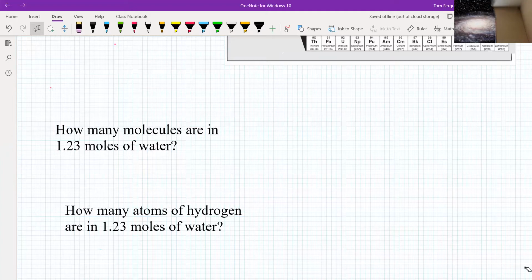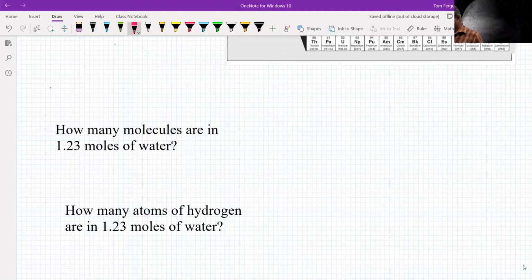When you're thinking of how many, I want you to think of Avogadro's number, the 6.02 times 10 to the 23rd. It's just like a dozen. There's always 12 in a dozen, no matter what it is, whether it's eggs or chickens or ducks or students. Avogadro's number is the same way. It's 6.02 times 10 to the 23rd, always. Doesn't matter what we're talking about. In chemistry and physics, normally what we're talking about are atoms and molecules.